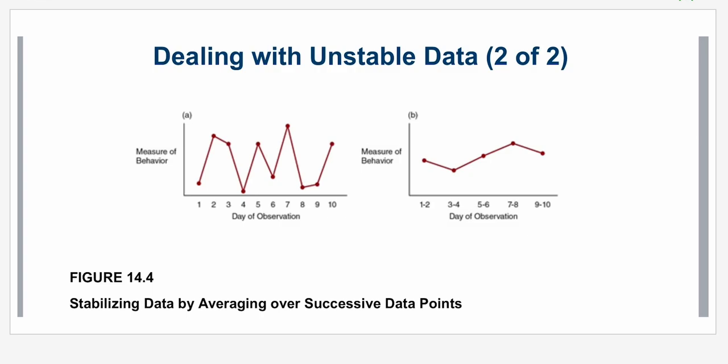Not totally consistent, but fairly consistent. It's going up, down, up, down, up, down. So you have to ask yourself, why we measure them one day, the next day it goes up or down, and then the next day it reverses again. Why is that? And depending on what the behavior is, or what the variables are you're looking at, you may be able to determine what's causing that.